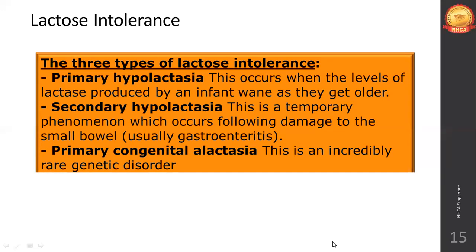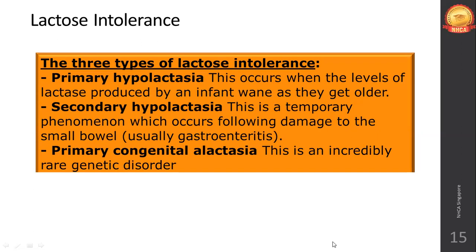During infancy, the lactase enzyme is produced at a higher level. After the first birthday of the child, slowly the lactase enzyme production reduces. That's primary hypolactasia. So by the age of 6 or 7, the child may become lactose intolerant.